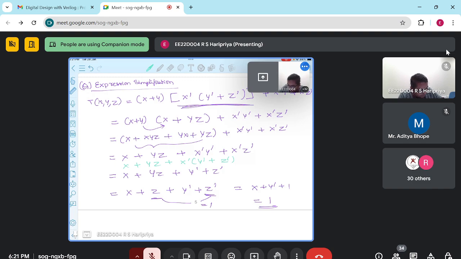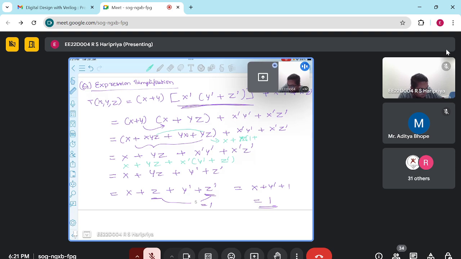This step, if you take x plus, this two, so yz is common, 1 plus x plus yx. Okay, so now this reduces to x plus yz plus yx.